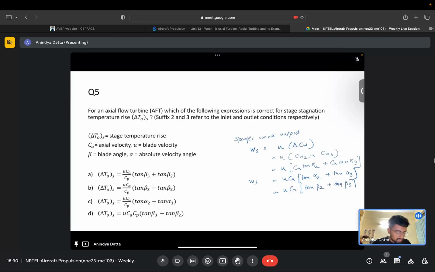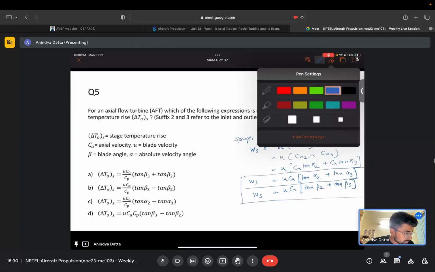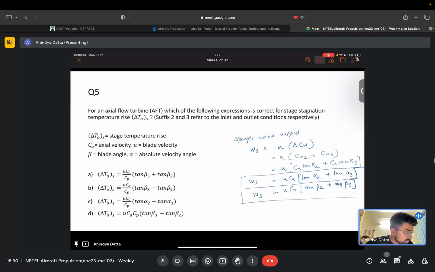So these are the expressions for the specific work output using Euler's turbomachinery equation. Ws is also equal to Cp times the change in stagnation temperature. This is from thermodynamics: specific work is equal to Cp times the stagnation temperature difference.